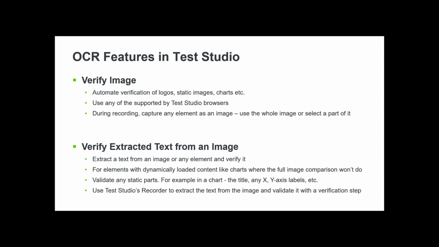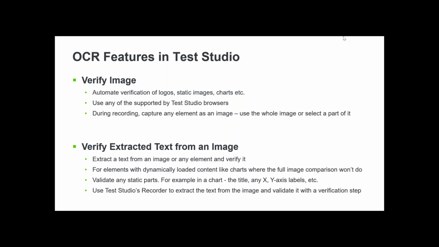So apart from image verification, you can verify and extract the text from this image. While using the OCR feature, you can extract the text from an image or a part of the image for elements with dynamically loaded content like charts, right?